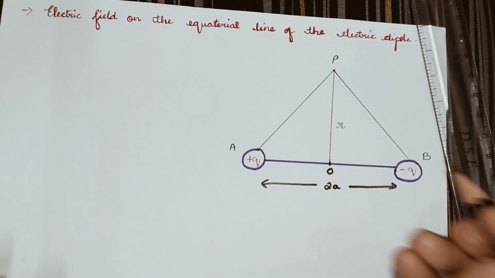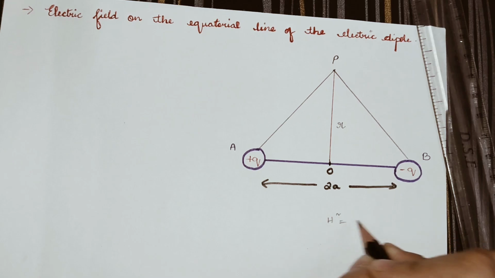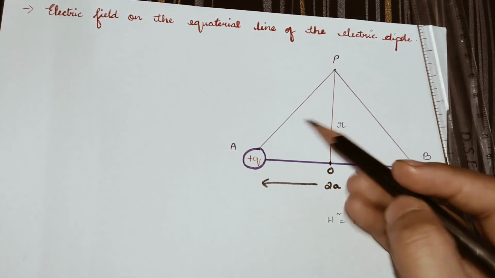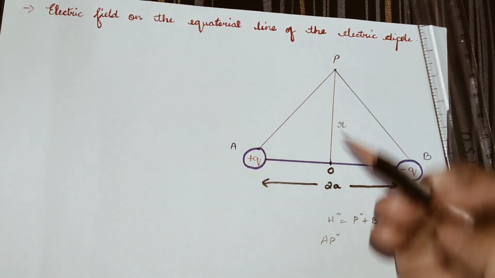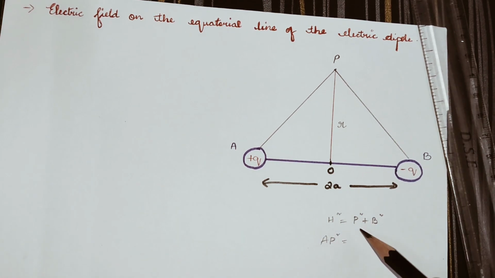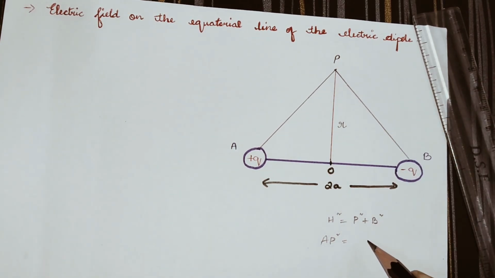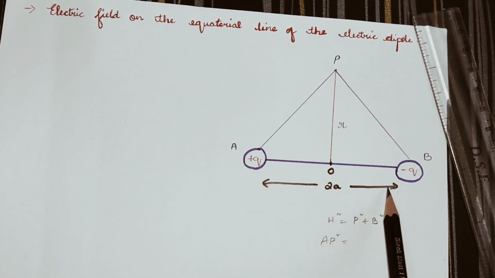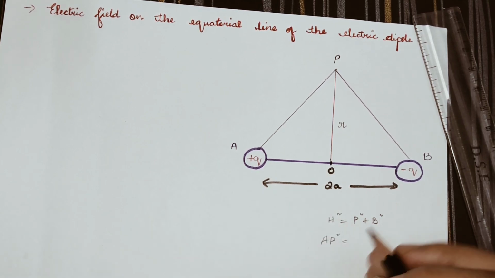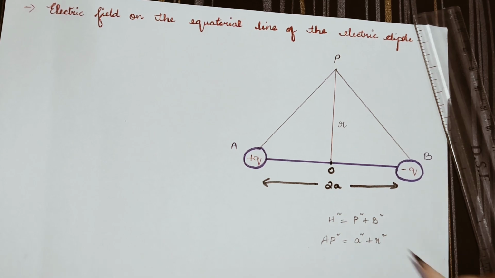B. Now if we look into the Pythagoras theorem, hypotenuse squared is equal to perpendicular squared plus base squared. So our hypotenuse is AP. If we consider this right angle triangle, the perpendicular distance is r, and the base is, the full length is 2a, the half of this is a, so it will be a squared plus r squared.